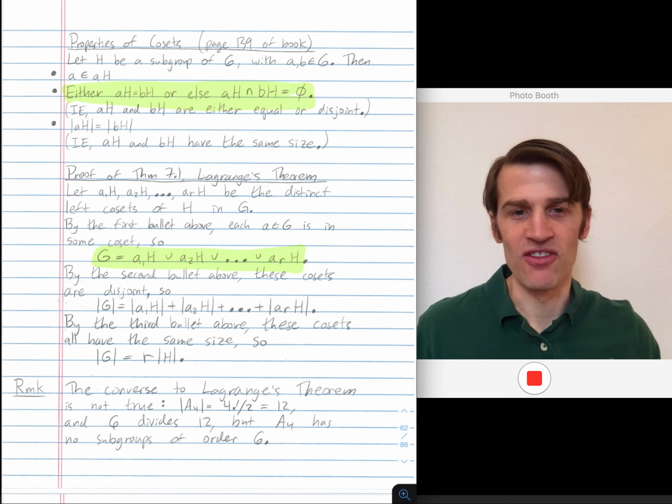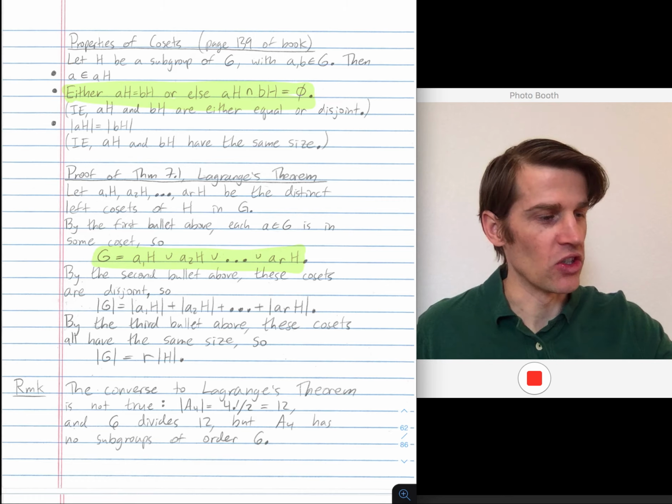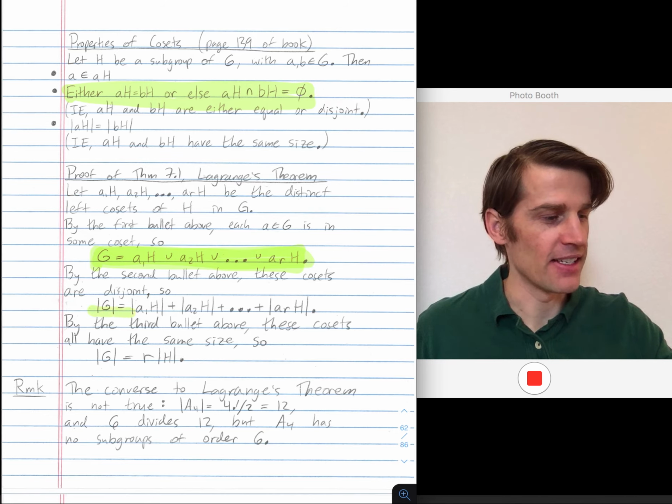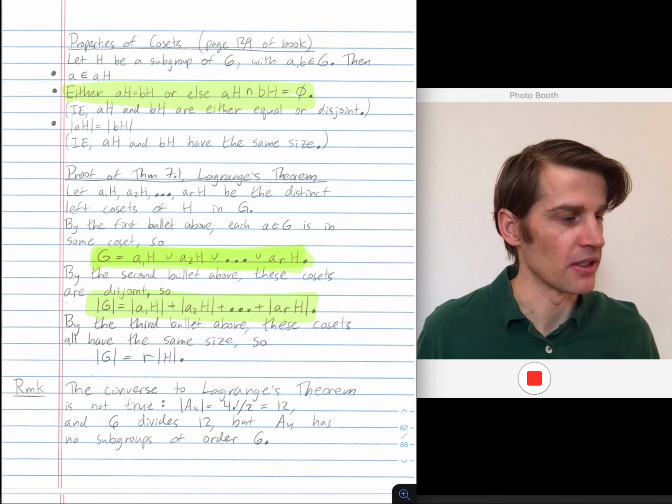And so that means they have no elements in common. In this union, no things collide. So when you have a union that happens to be disjoint, the size of the union is just the sum of the sizes of the individual pieces. So the size of G is in fact the sum of the sizes of all these disjoint pieces.